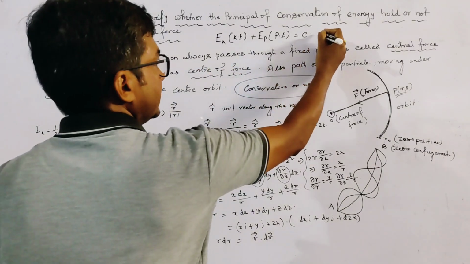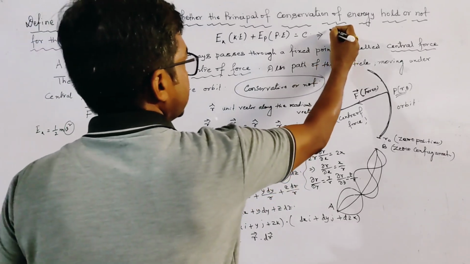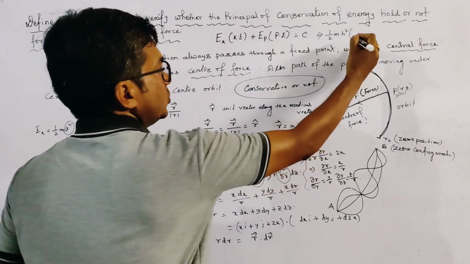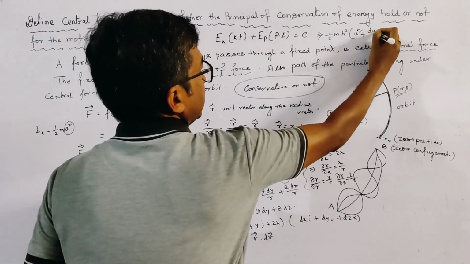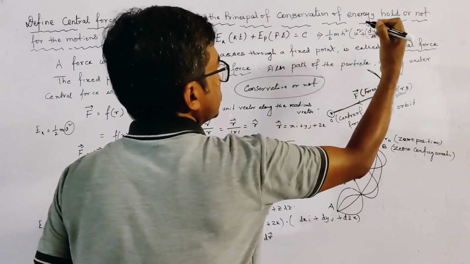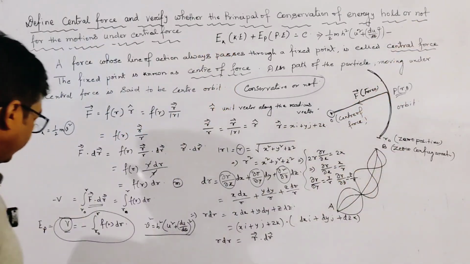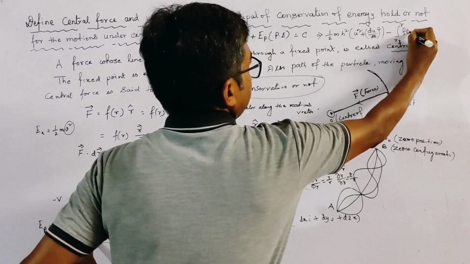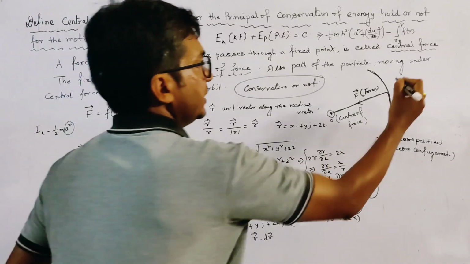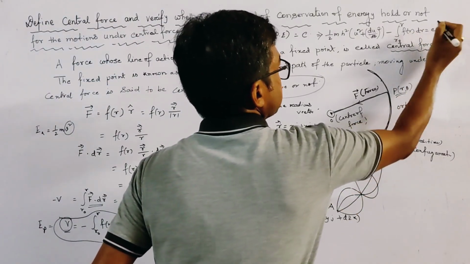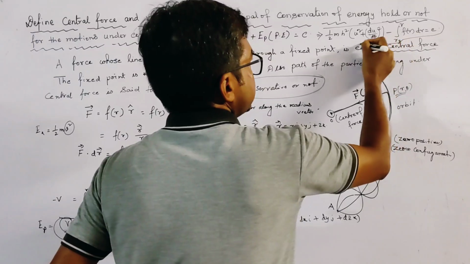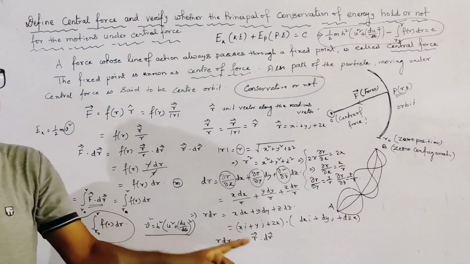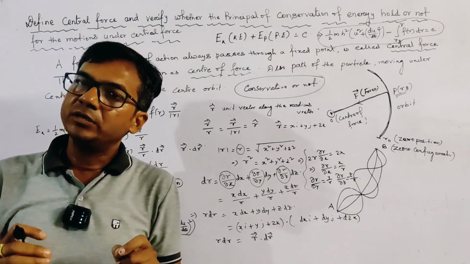Here we get the conservation equation: half m into h square into u square plus du d theta whole square, minus the value of V, which is integration r0 to r f of r dr, is equal to c. This is the energy conservation equation in central orbit, and we say that the central force field must be conservative.